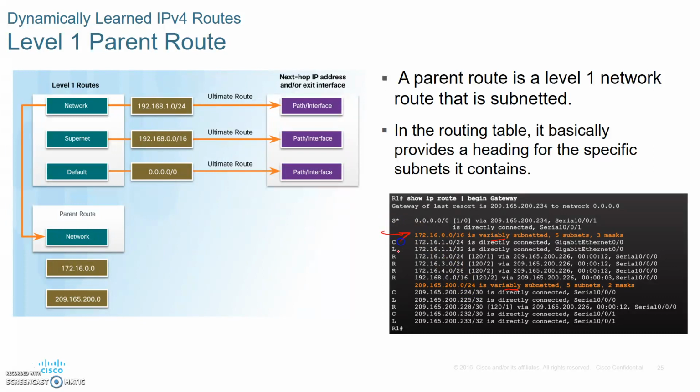These two are your level 1 parent routes. In addition to the two level 1 ultimate routes, your default route and a route going to 192.168.0.0/16, in total we have 4 level 1 routes in our routing table. 2 are ultimate routes, 2 are level 1 parent routes.